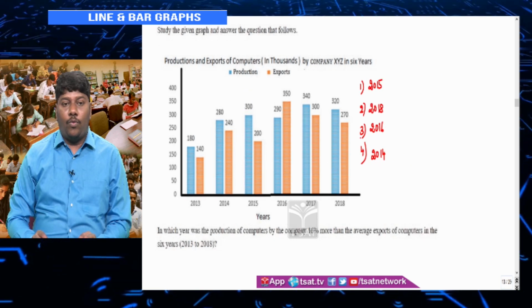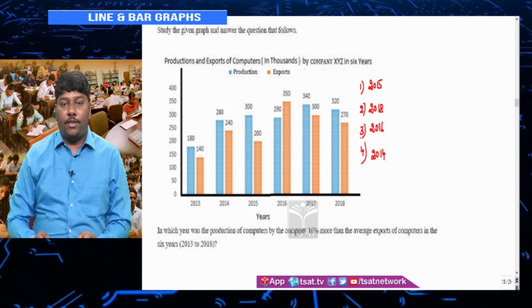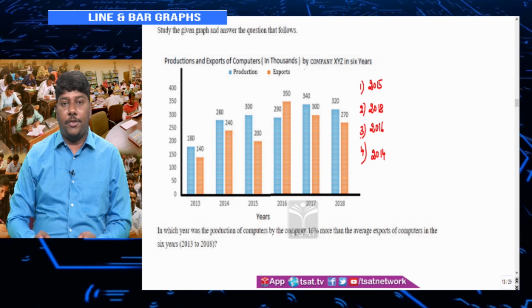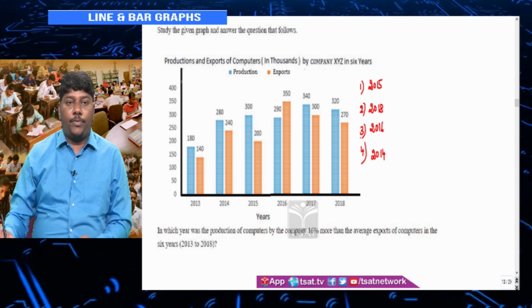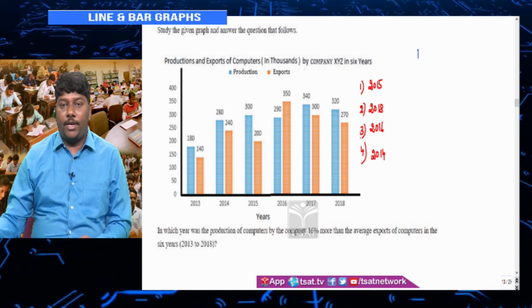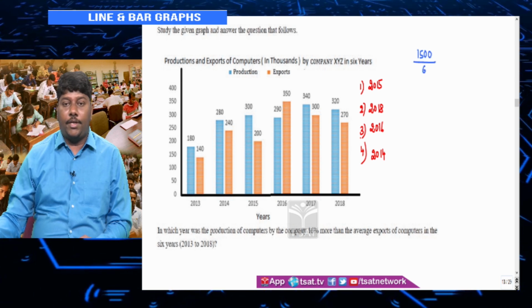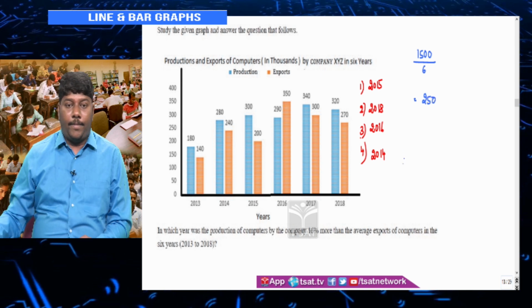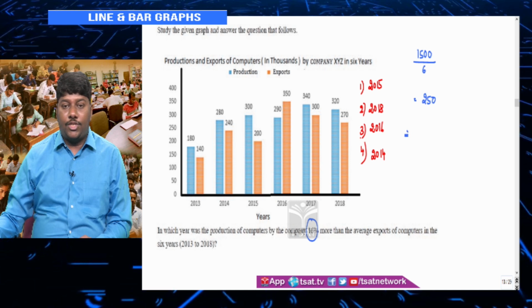In which year was the production of computers by the company 16% more than the average exports of the computers in 6 years? Just now we have seen the total exports of all 6 years is 1500. You just divide it by 6, you will get the average. On an average it is 250. And he is asking you 16% more.